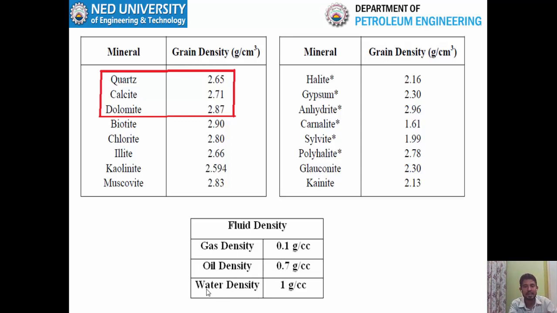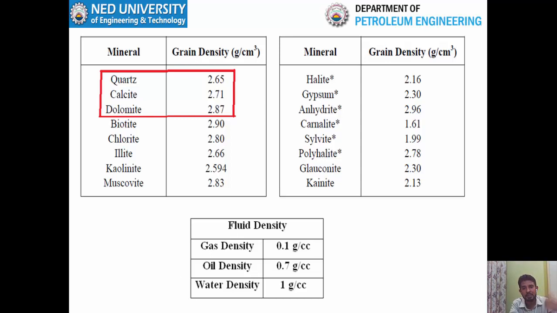But remember that gas density is a variable number which varies with pressure and temperature. Similarly, oil density also changes depending on the type of oil: volatile oil, black oil, heavy oil. But in this course, whenever you are required to enter the oil density, you will use 0.7 gram per cc.